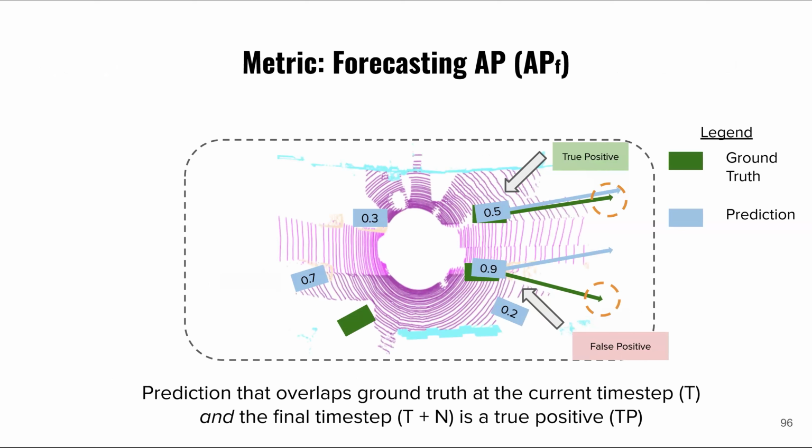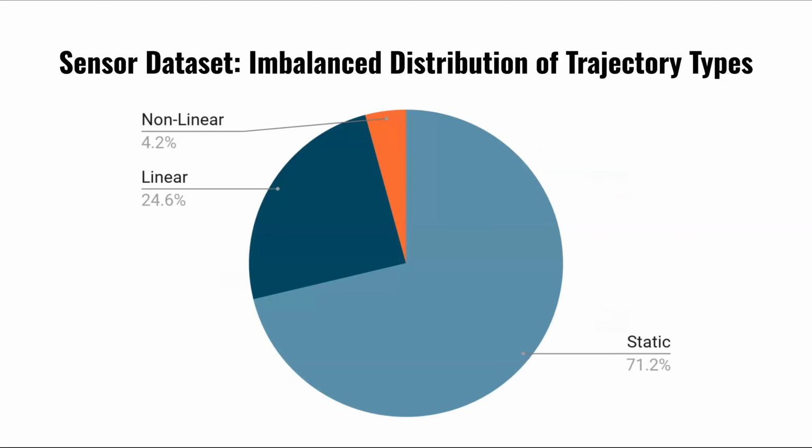The only difference here is we tweak the definition of what it means to be a true positive. So in this forecasting mAP metric, we define a true positive to be one where the prediction and ground truth overlap at both the current time step and the final time step. And once we modify the definition of true positive, we can simply compute mAP as normal.